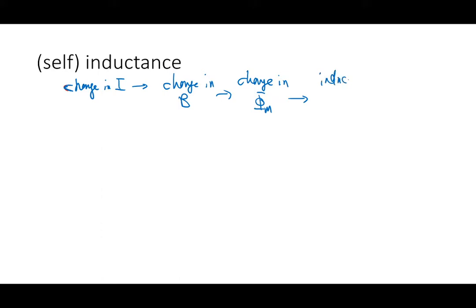And this changing flux ends up inducing an EMF, which we can treat as a voltage, right? And then that changes the voltage across the inductor, and therefore changes the overall current of the circuit yet again.